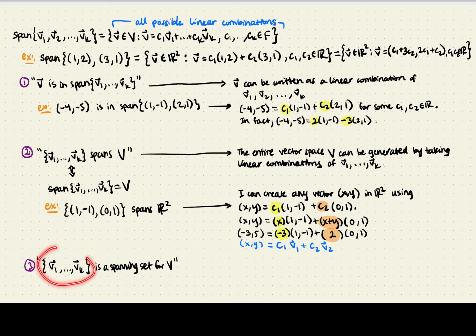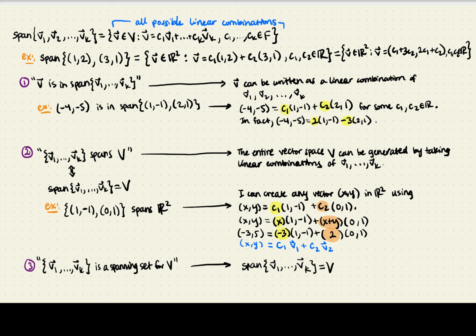The set of just the vectors by themselves being a spanning set means that the set spans V. Okay? So again, it's kind of saying the same thing. It's saying that the span of V1 to Vk gives you the vector space.